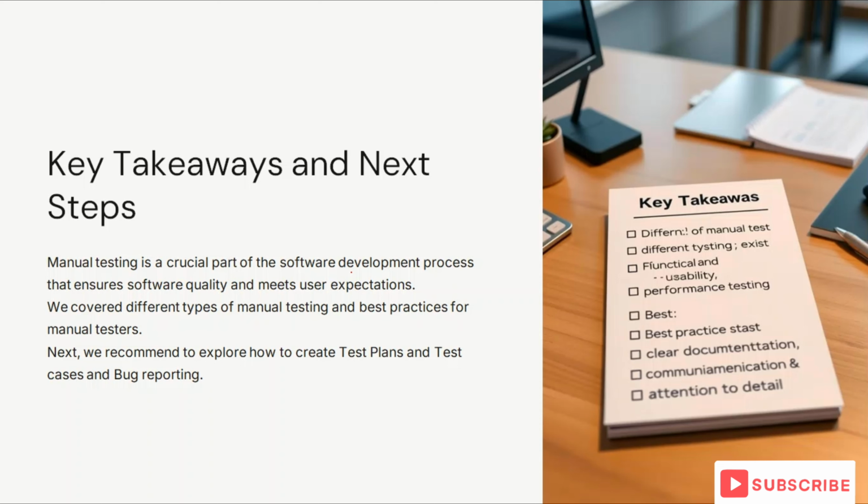So now, what do we understand in this video? What is manual testing and why is it important? We have seen that manual testing is essential for new applications and new features, where automation may not be helpful, but manual testing will help to understand the new functionalities and find defects in them.